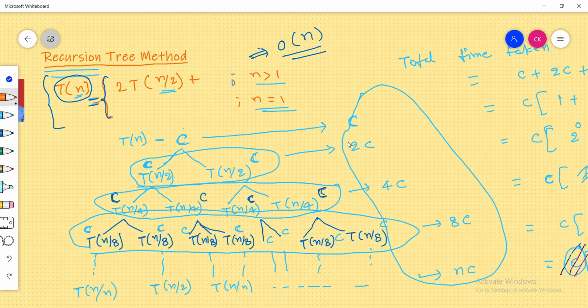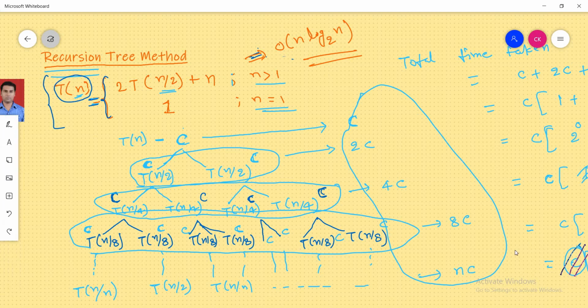T of n is equal to 2T(n/2) plus n, for n greater than 1, and this will be 1 for n equal to 1. You please try to solve it, and the time complexity, if you solve it, will be order of n log n base 2. You please try to solve it.